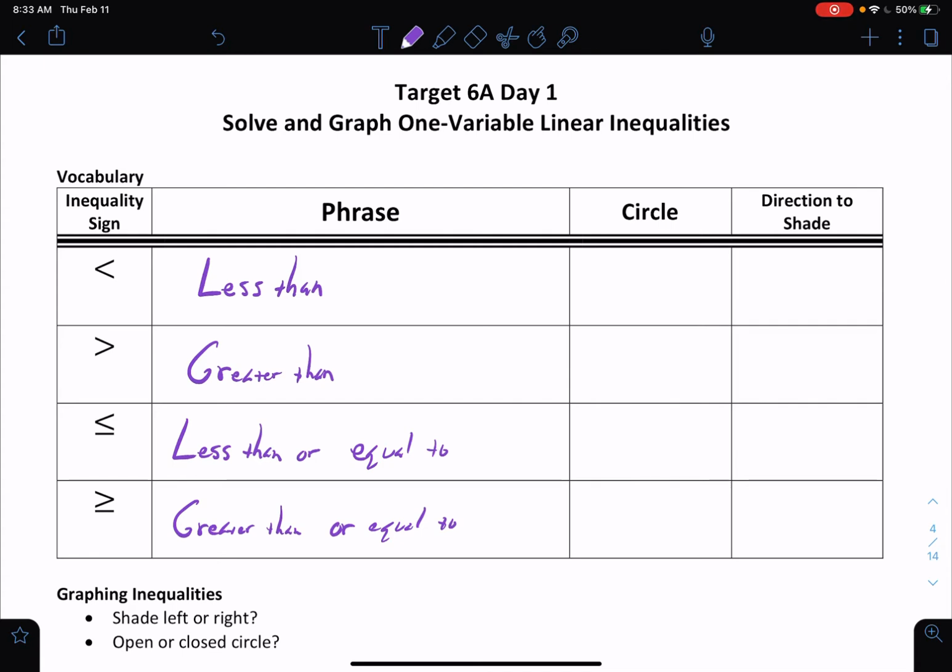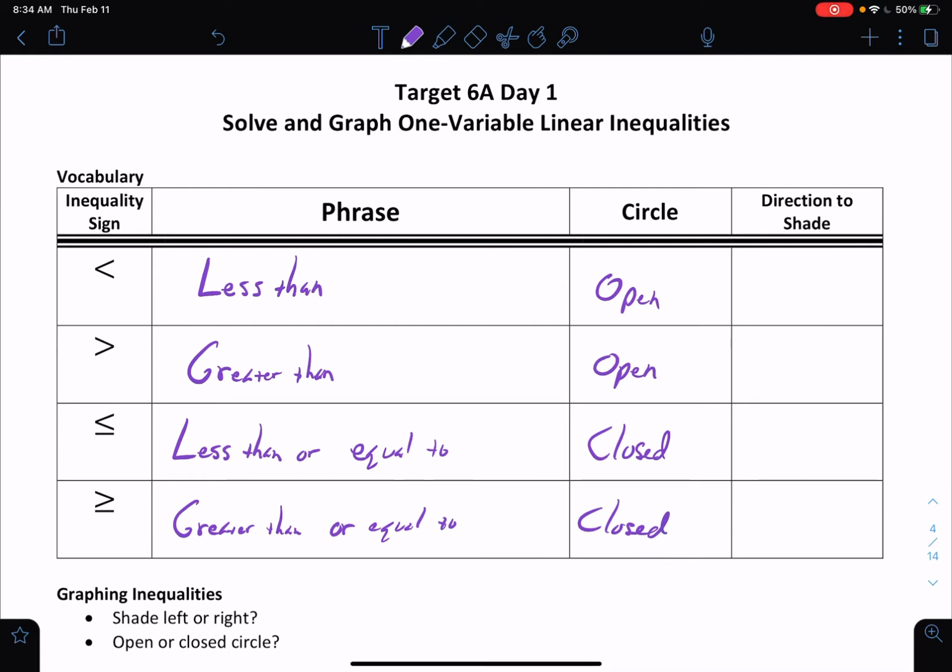All right, and if you have less than or greater than, the place where you start, like if you have x is less than 5, you would start at 5, and the circle that you would put there is open because you do not include that 5. The less than or equal to or greater than or equal to, your circle is going to be closed, signifying that that number does work.